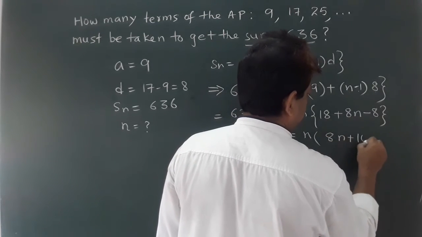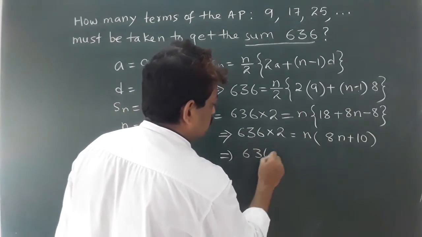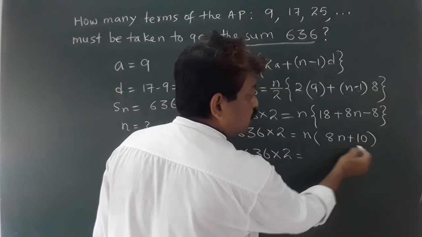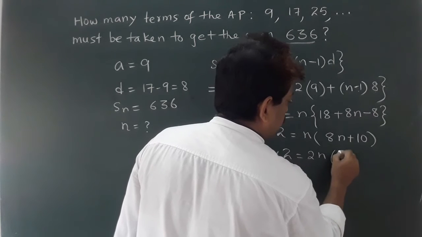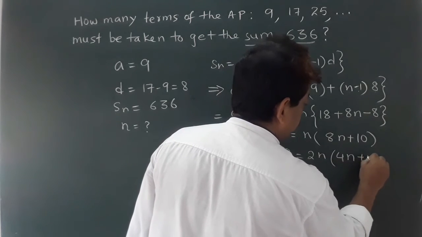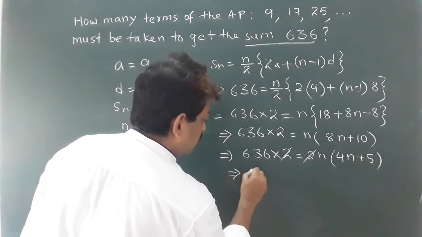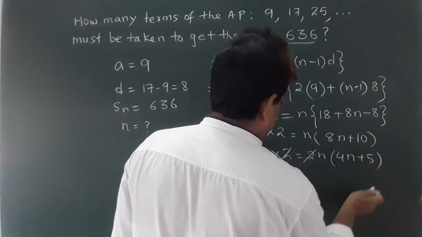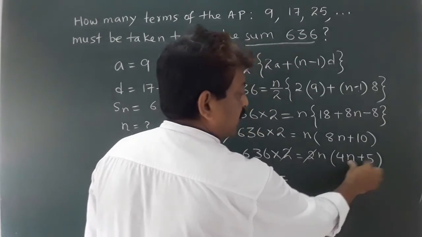8n plus 10. 636 multiplied with 2 equals, let me take 2 common from here. So 2n, then it will become 4n plus 5. So these 2 and 2 will be cancelled. So it will be 636 equals, now this n will be multiplied with the bracket 4n plus 5.